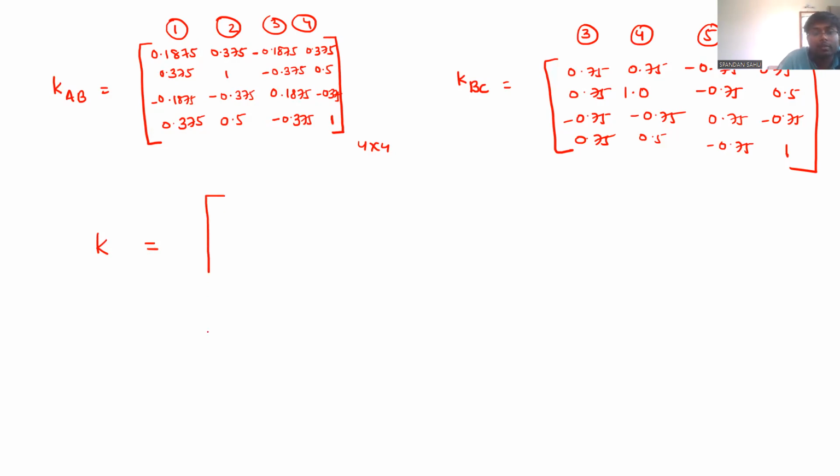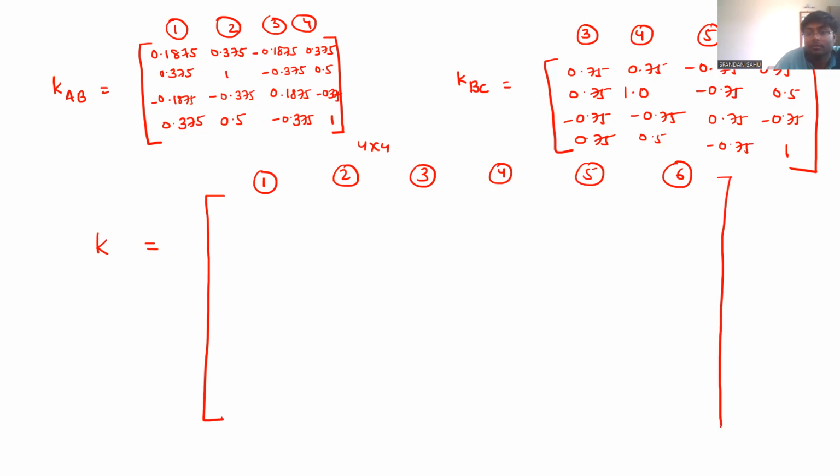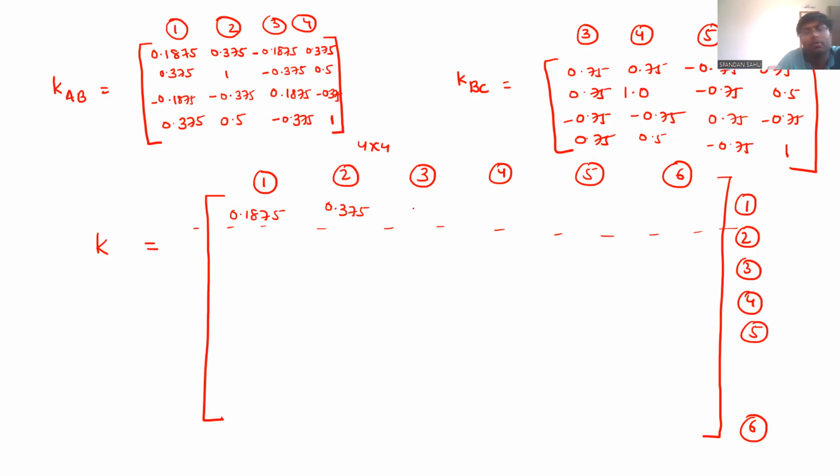So let us write the global matrix, which will be of the order of 6 cross 6. 1, 1 will be same. 1, 2 will be same. 1, 3 will be.